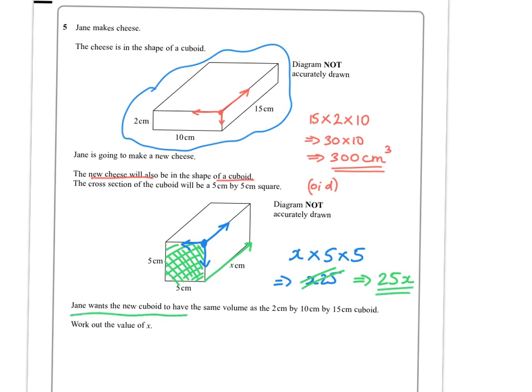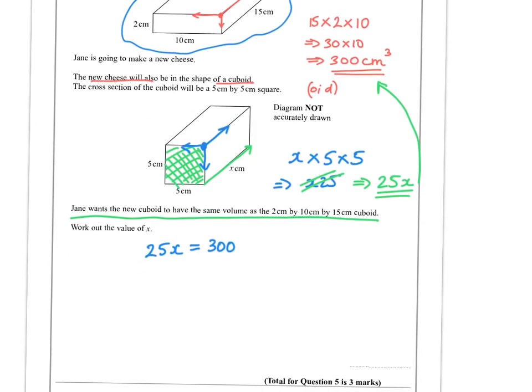Now it's got to have the same volume as the one before. So if you think about it, these would have to be equal. So you'd have 25x would be equal to 300, and then I would divide both sides by 25, and how I'd have x is 300 25ths.